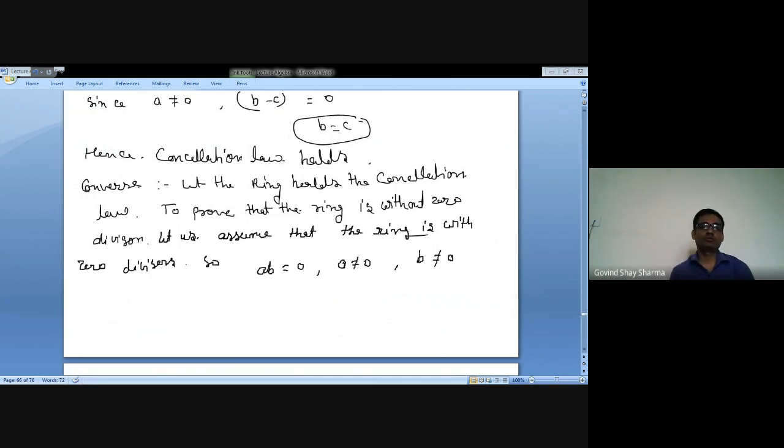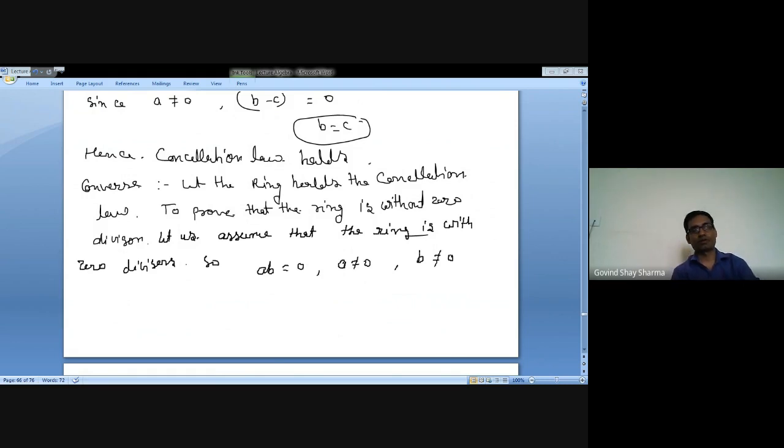Here, to prove that the ring is without zero divisor, we assume that it is with zero divisor. With the contradiction property, we will prove that this ring is without zero divisor. So we take AB is equal to 0 where A is not equal to 0, B is not equal to 0, but their product is 0. So this is a ring with zero divisor.